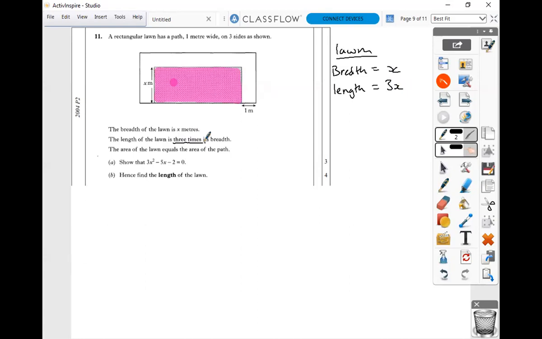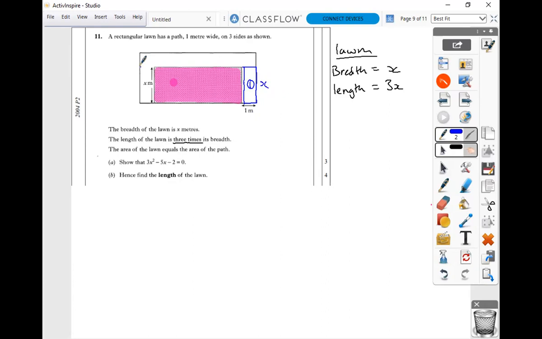Now, there's a path, and the path is a wee bit weird. The way I looked at it is I split it up into 3 different areas and added them together. I don't know if that's the right way to do it. Just looking at that question for the first time, I split that into area 1, which was 1 meter by x.